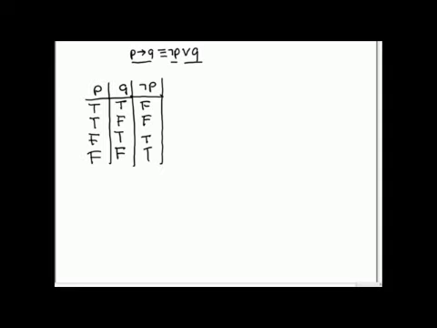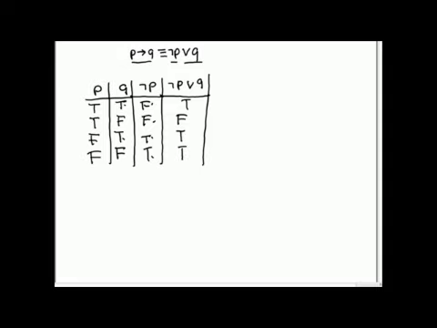And then we want to define not P or Q. It's true because Q is true. It's false because Q and not P are both false. It's true because at least one of them is true. And it is true because not P is true.